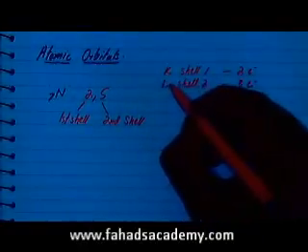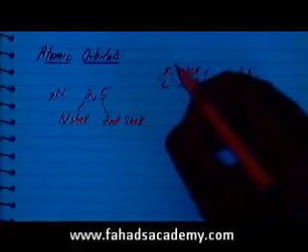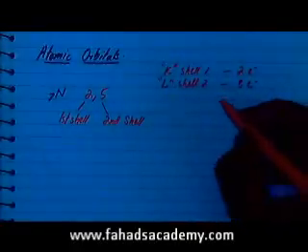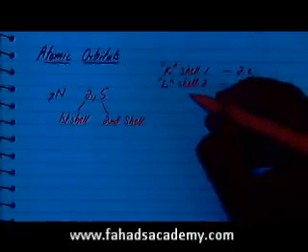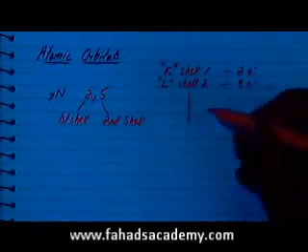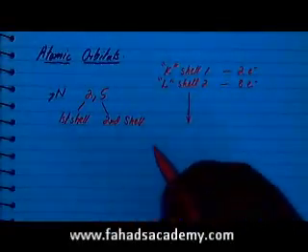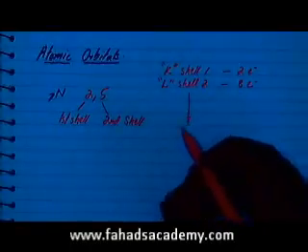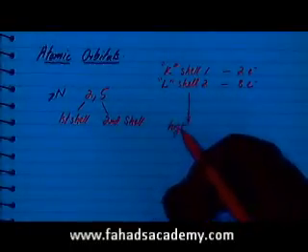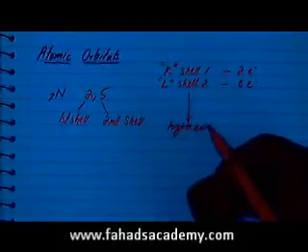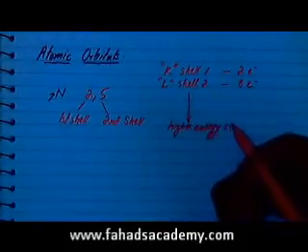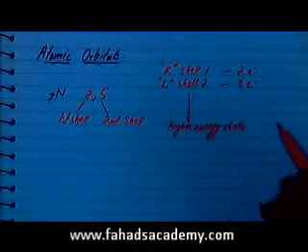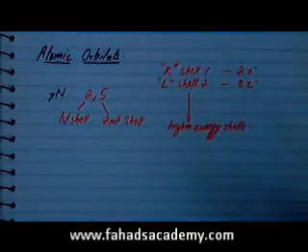Then you had the L shell, and so on and so forth. So as you moved away from the nucleus, the energy of the shells kept on increasing. So you had higher and higher energy shells as you moved away from the nucleus.